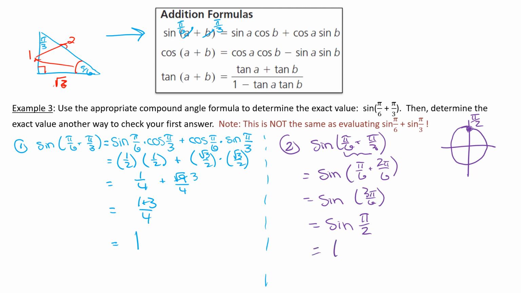That worked out because the two angles that I had to add added up to pi over 2, which I already have measurements for. If it added up to pi over 12, well, then that's no good. I'd have to go back and do it in pieces like this. But sometimes it works out that way, and then it's a little quicker. If you don't notice it, then you go ahead and do it the other way. That's fine.